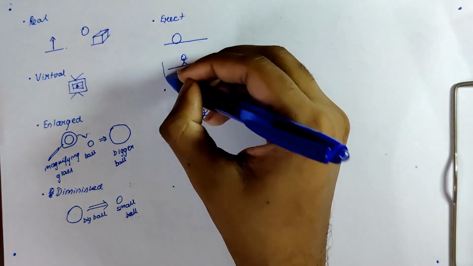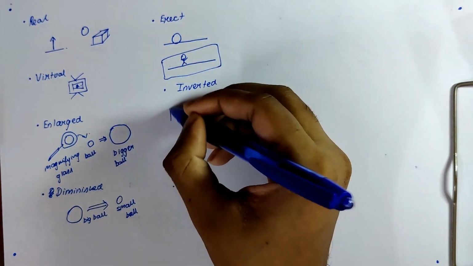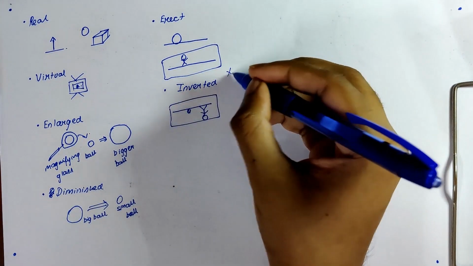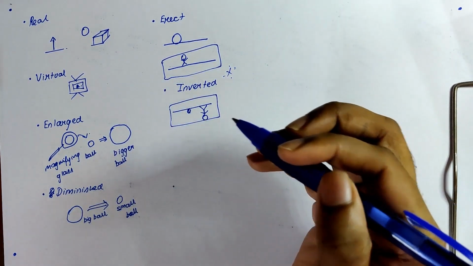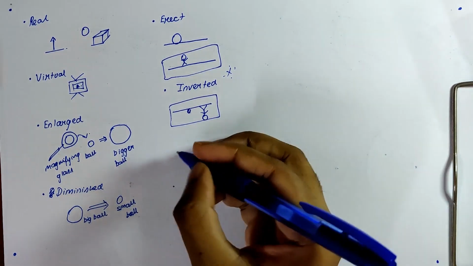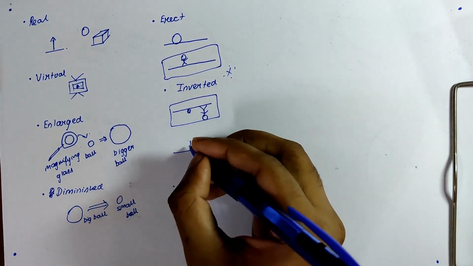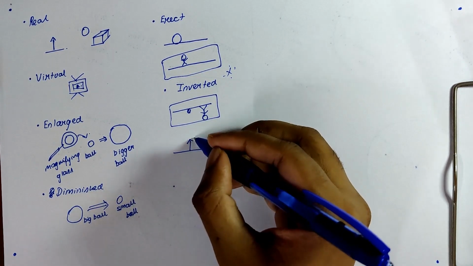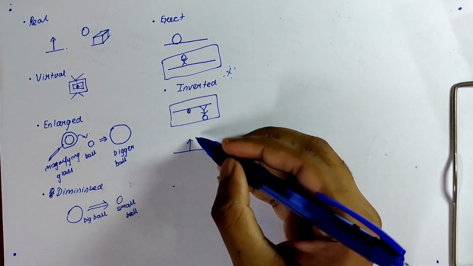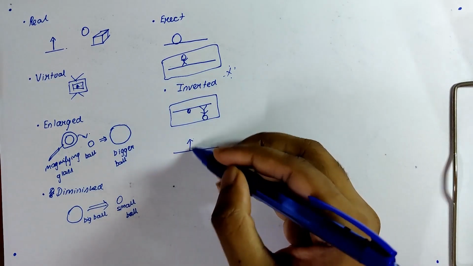Now we will use this type of notation, which is a very important one. Instead of the man, you will notice that I'll be using something like this: an object with an arrow mark on it. Just assume this has a head and this has the tail. So instead of a man like this, it's the arrow mark.